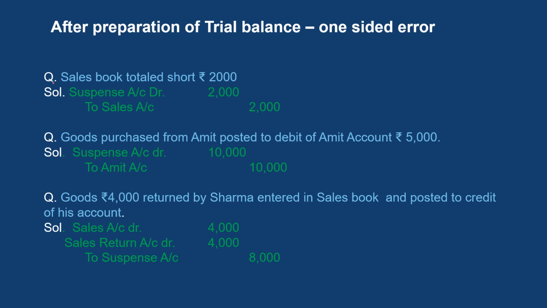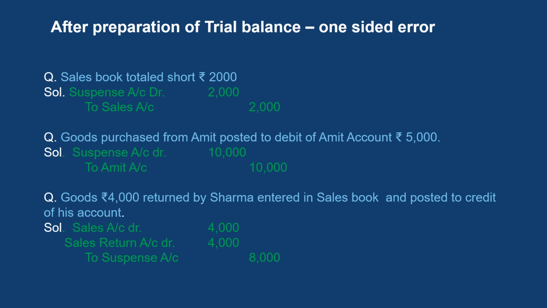Understand. First is sales book total short by 2,000. Here, you've already totaled and put the difference in the suspense account, and you have found that there was an error: you have totaled the sales book short. Sales book total goes into the credit of sales account, but you have totaled it 2,000 less.